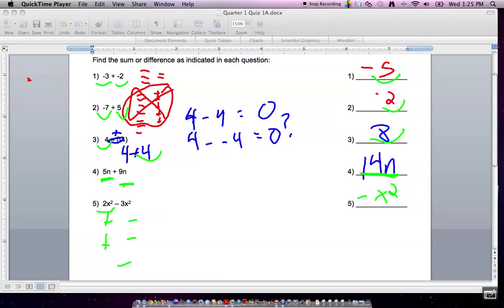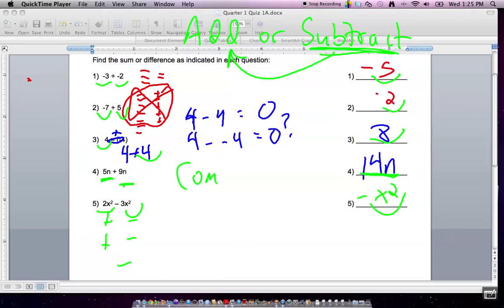X squareds end up as X squareds. This is true whenever you add or subtract. But remember, subtraction is really addition. And the other thing is we have this phrase, combine like terms. That is true whenever you are doing that.